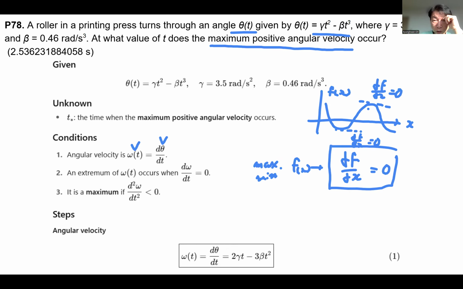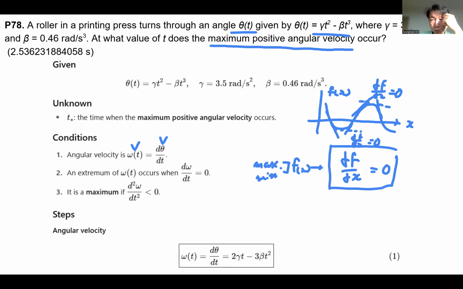So either maximum or minimum, we should have this one. But note that the maximum occurs where the slope is changing from positive to negative, and the minimum is changing from negative slope to positive slope.